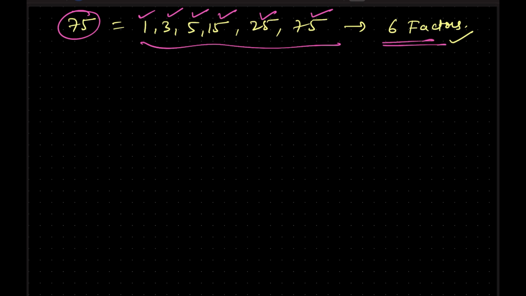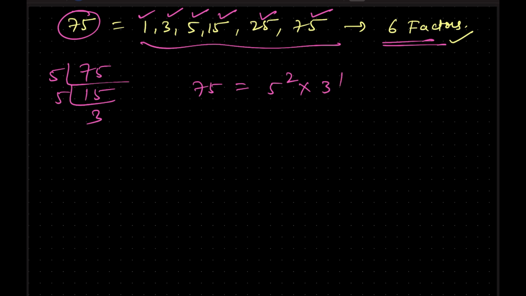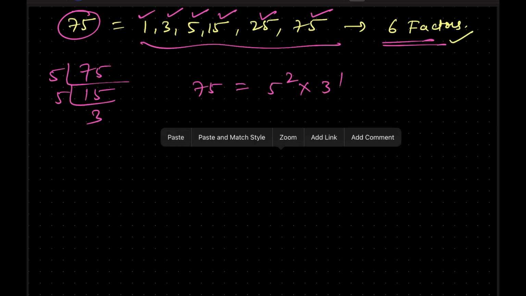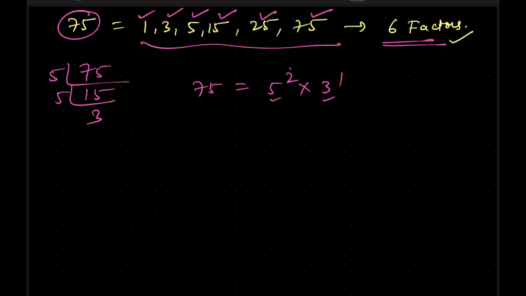So how do we make a formula from this? We can find the prime factorization first. 75 in prime factor form is 5 squared into 3 to the power 1. So there are two prime factors of 75, 5 and 3, and the powers are 2 and 1.